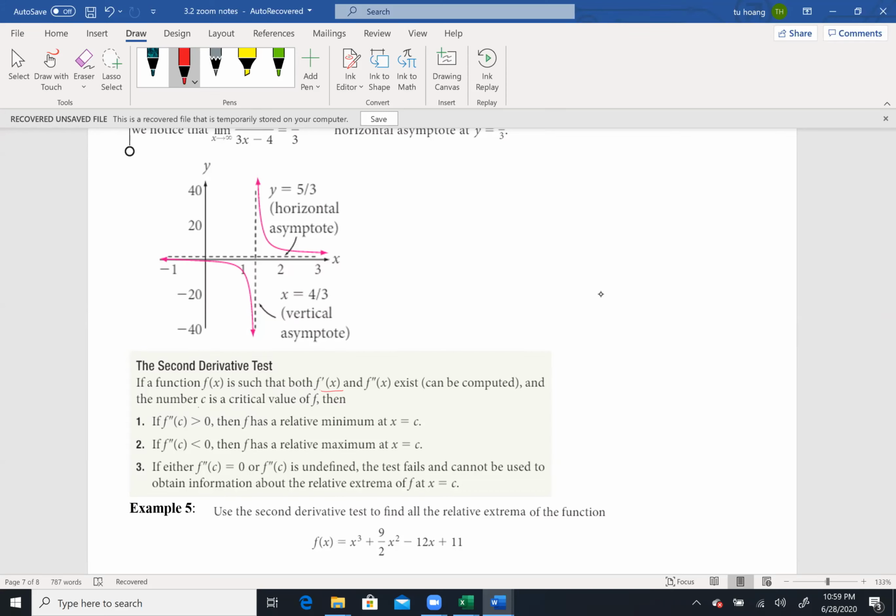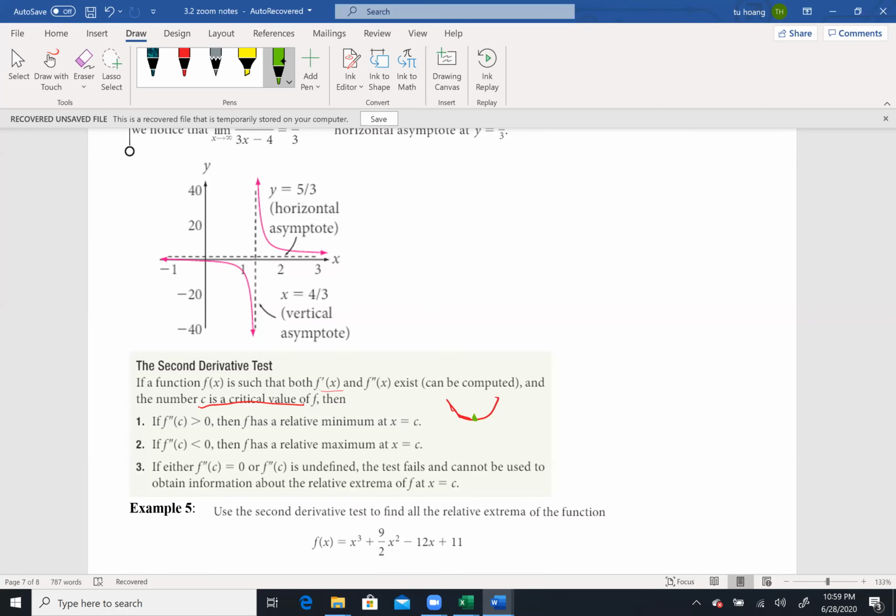But in this case, you have to know that c is a critical value of f. Then you can apply this second derivative, and you know that if f second derivative of c is greater than 0, then it should be like concave up, right? So c is concave up, and you see that at c here, it should be the lowest value.